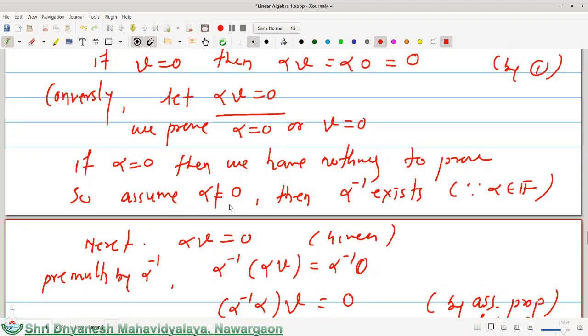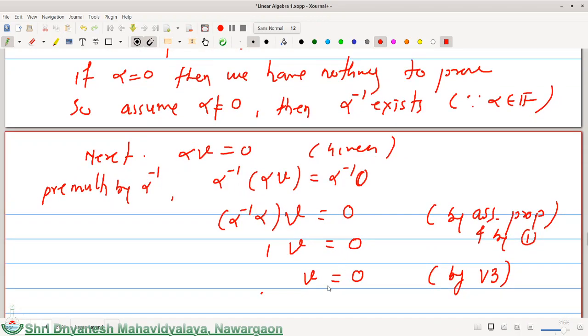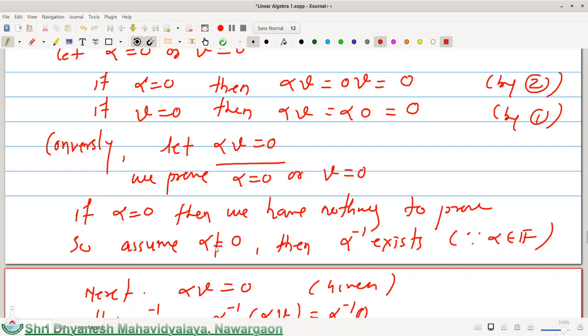If alpha is non-zero, we have reached where v is equal to 0. Similarly we can prove if v is non-zero, then alpha is equal to 0. So whenever alpha into v is equal to 0, either alpha is 0 or v is equal to 0.